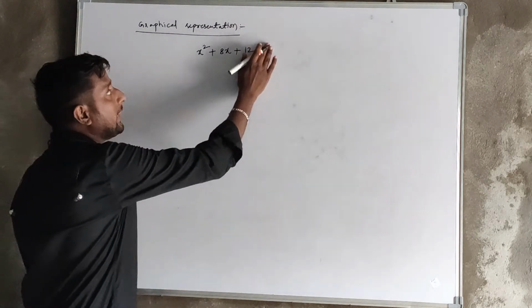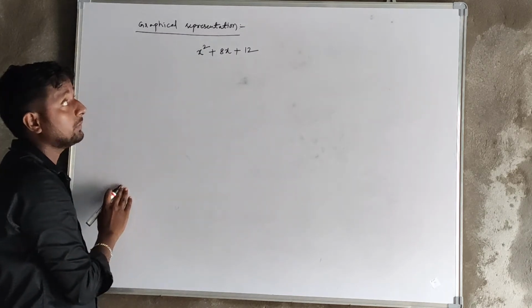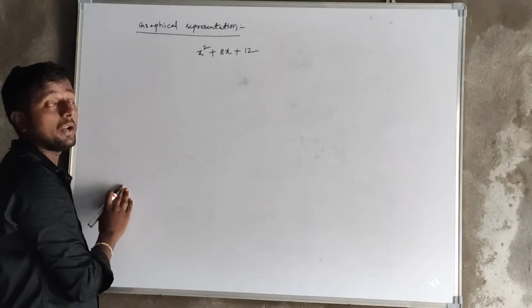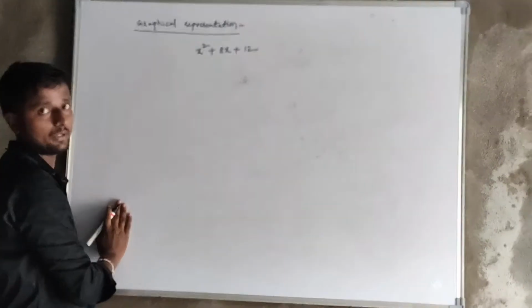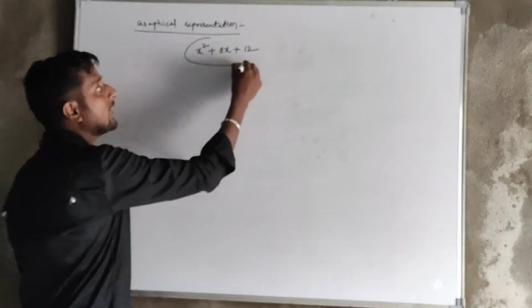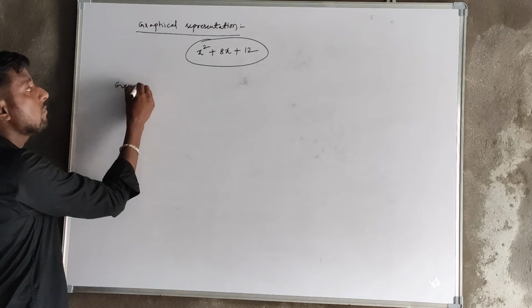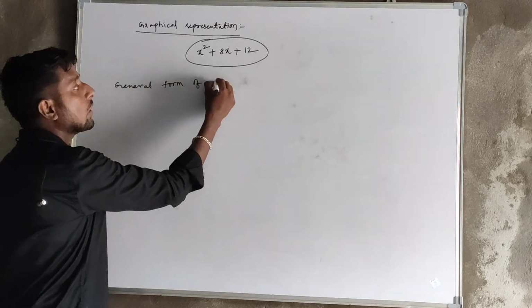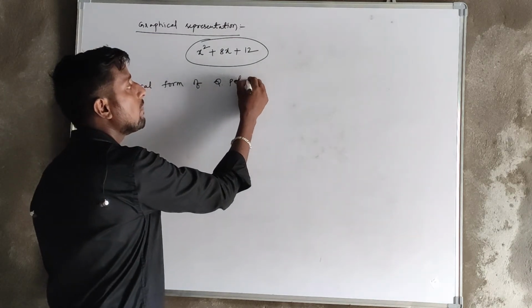So now it is a quadratic equation. Now we should find the zeros of the quadratic equation. Just to put it aside, before that, I'll write the general form of a quadratic polynomial.